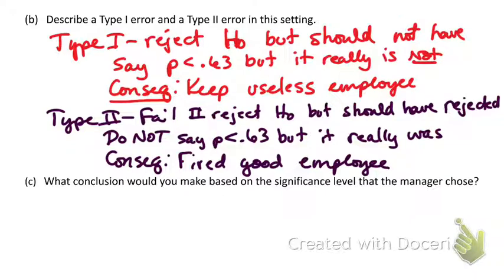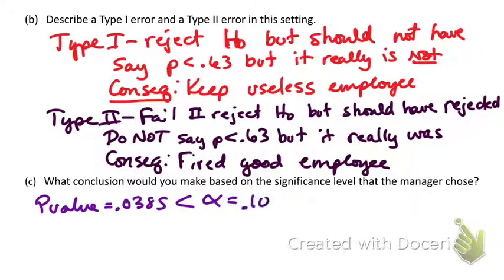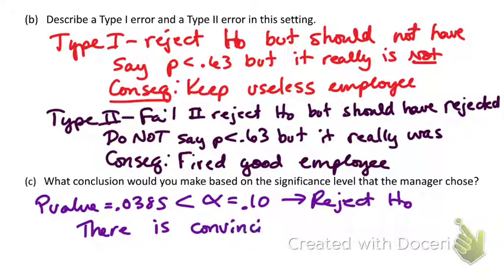All right, what conclusion would we make with this significance level? So we had a p-value of 0.0385. That is less than the significance level of 10%. And what do we do when the p-value is low? We're going to reject the null hypothesis. Why can we reject the null hypothesis? It's because there is convincing evidence that p is less than 0.63.